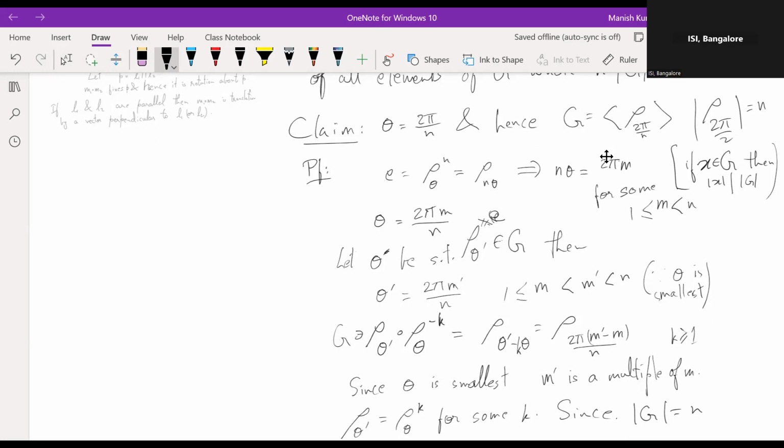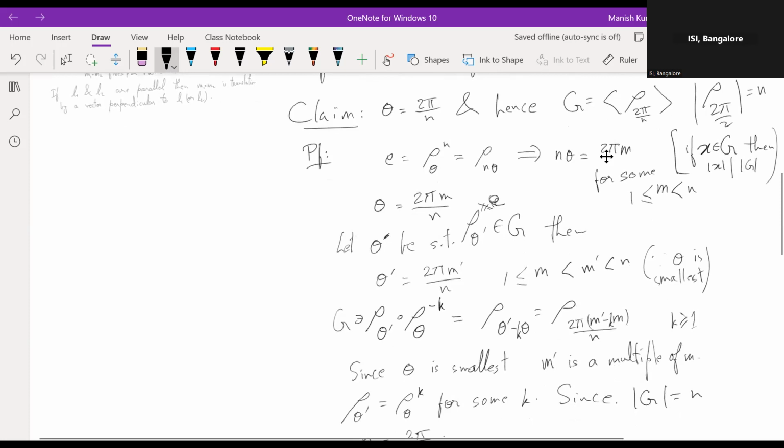You get these multiples, m prime minus km. This can't become smaller than m. If it becomes smaller than m, it must become 0 or negative, right? It can't be between 0 and m strictly, right? Because theta is the smallest.